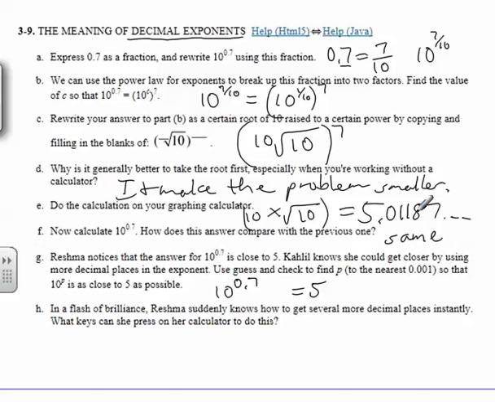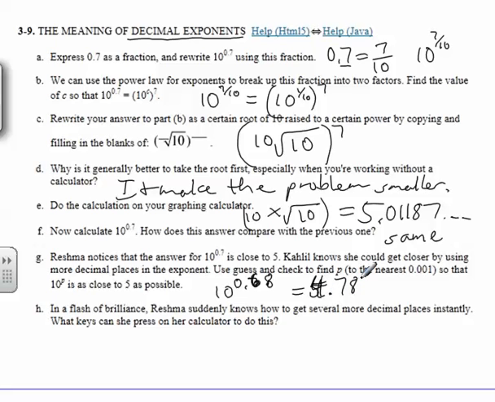Well, the 5.01187, that's a little bit large, so we're going to need to lower this exponent. How about trying 0.68? Let's see, so 10 to the power of 0.68, what I get is 4.78.